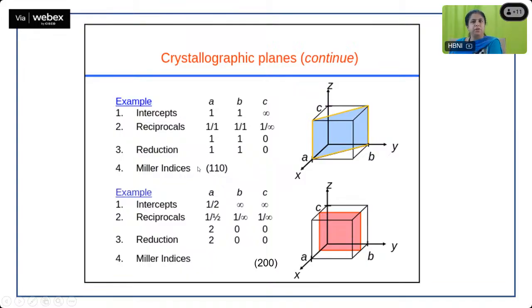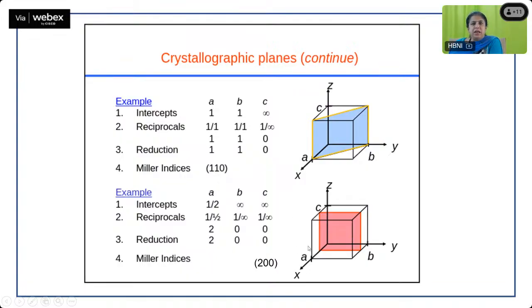That is called reduction. You have to make it a whole number, and then the Miller indices of this particular plane is 1, 1, 0. Okay. Again, even without drawing, you should be able to say 1 means an intercept of 1 on the x-axis, 1 means an intercept of 1 on the y-axis, 0 means it is parallel to the c-axis. Coming to the second one.